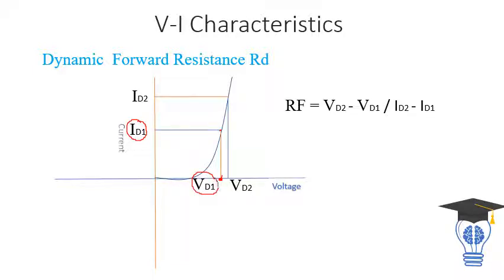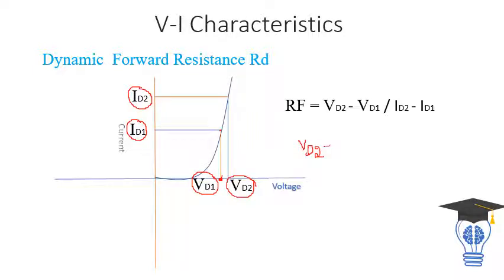At VD1 the current is ID1, and at forward voltage VD2 the respective current is ID2.